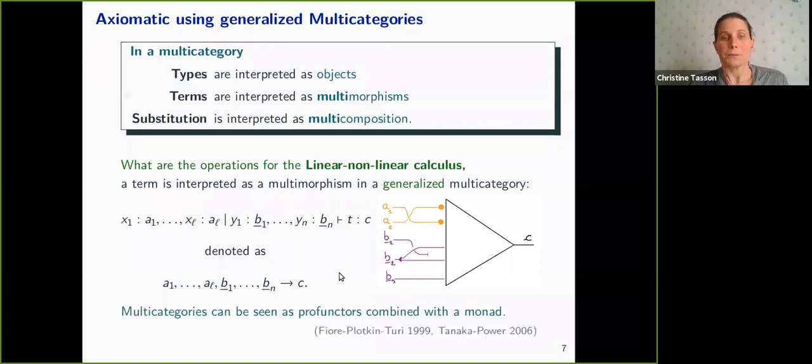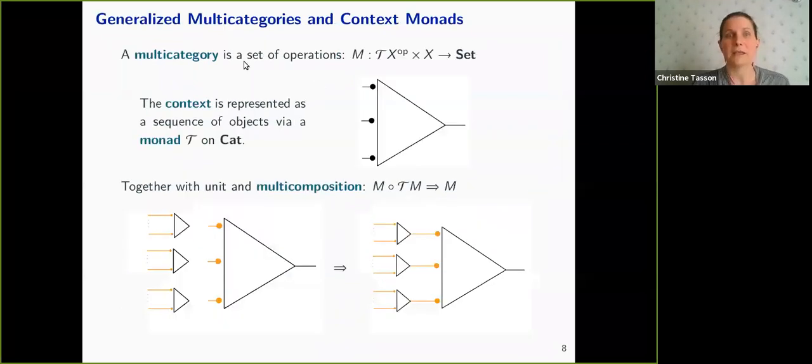Okay, so to give the right presentation of these multi-categories, I will go through the presentation of generalized multi-categories as profunctors combined with a monad for taking care of the context. So in this presentation, multi-categories are seen as sets of operations. So I have a functor M, which takes TX, which represents the sequence of inputs, and a single output in X, and which produces the set of operations of this type.